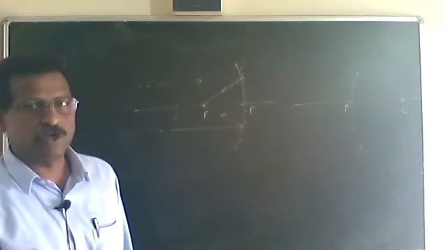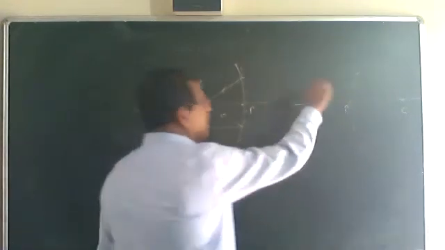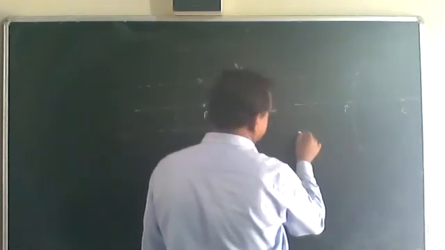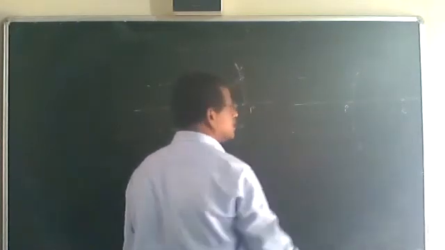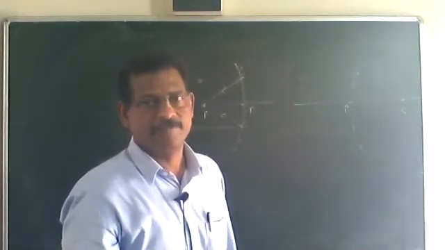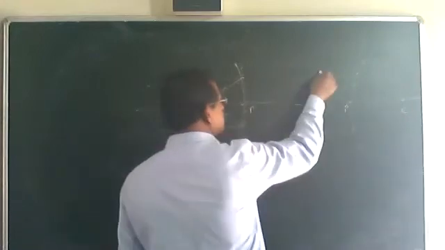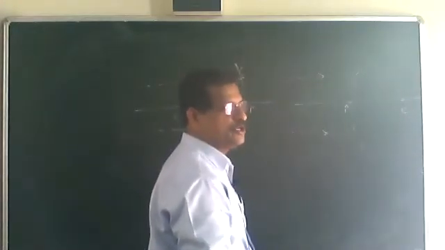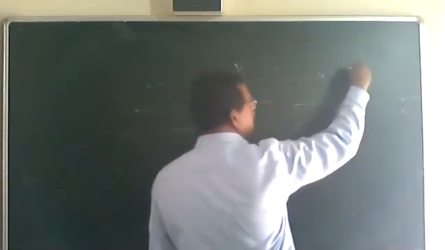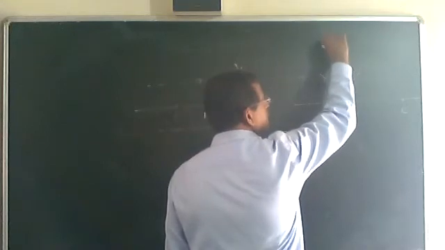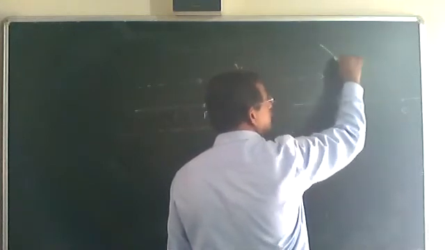Next case, in the case of a convex mirror, rays are again parallel, the object is at infinity. In front of the rays, you can put 2 dotted lines to show that they are coming from far off places, object at infinity. After reflection, what will happen here? After reflection, it goes in this way.